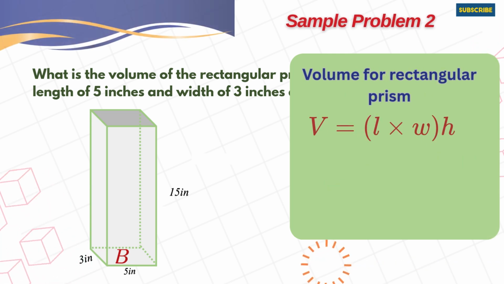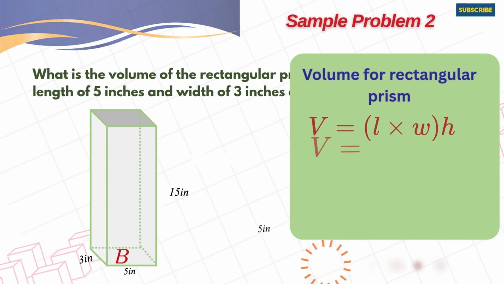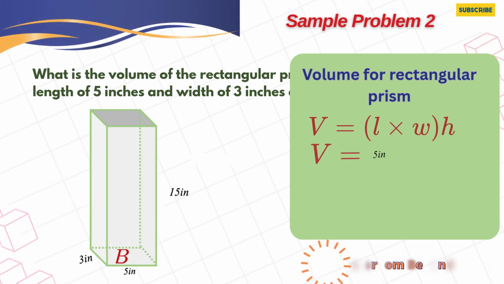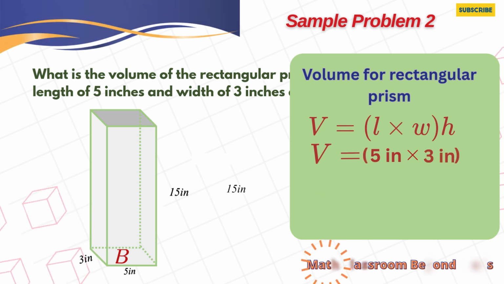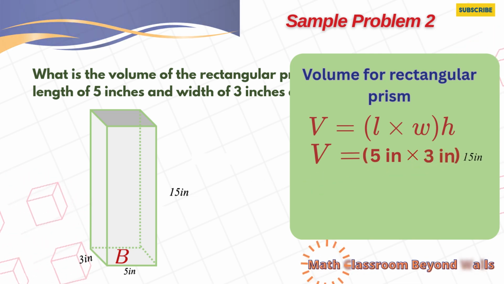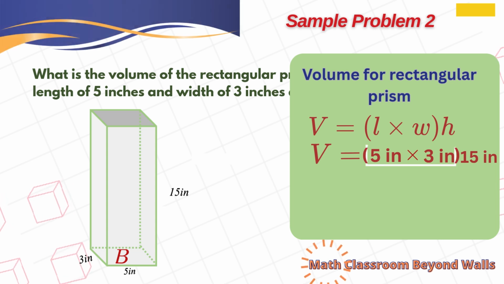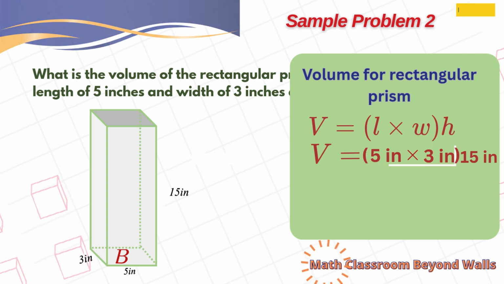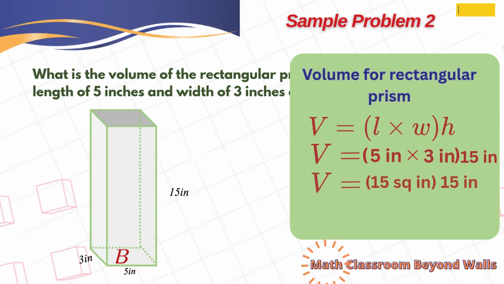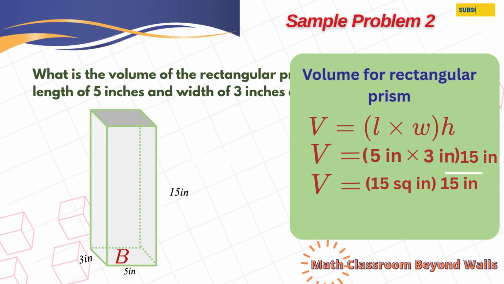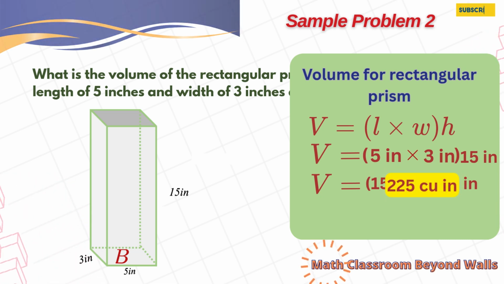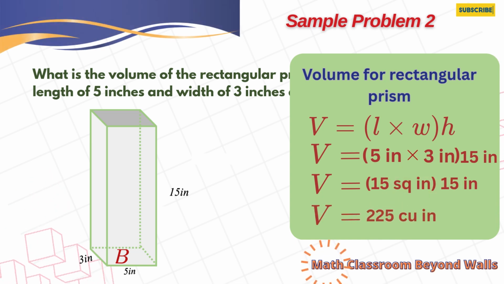Plugging in the values into the equation gives us multiplying 5 inches and 3 inches gives us 15 square inches. Multiplying 15 square inches and 15 inches gives us 225 cubic inches.